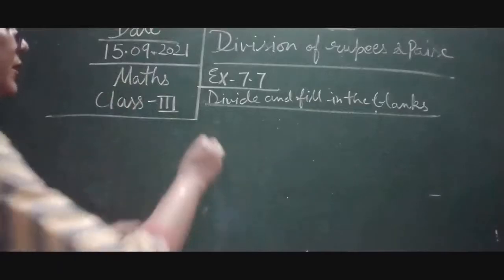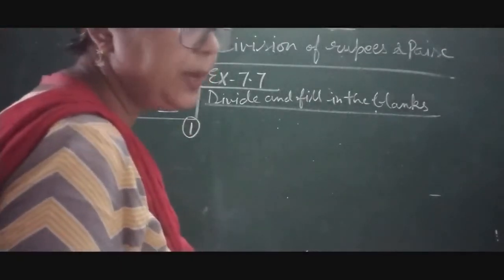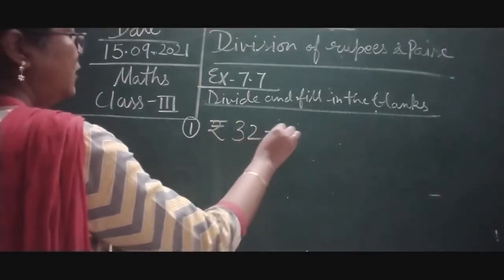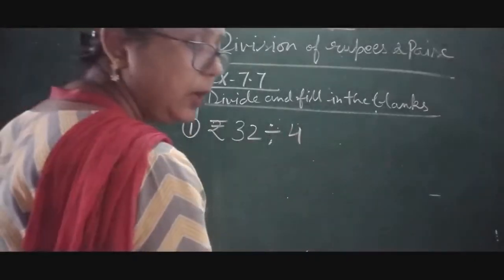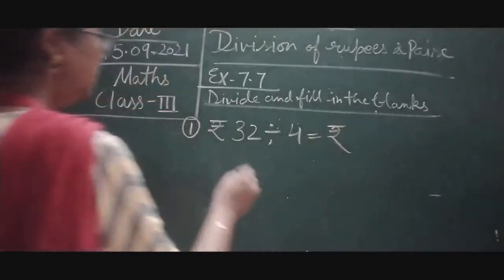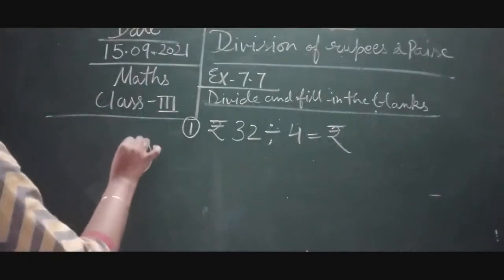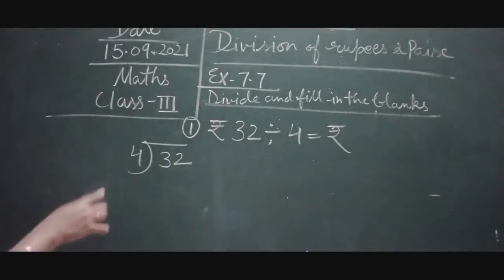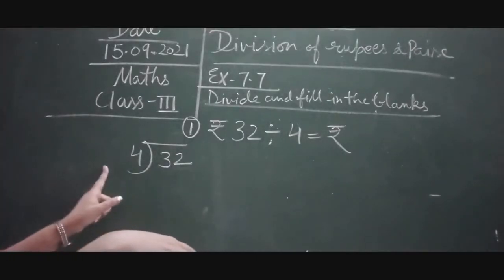So we are going to do the first one here. The first is rupees 32 divided by 4. We will write the answer in rupees. Here you can see the dividend is 32 and the divisor is 4.